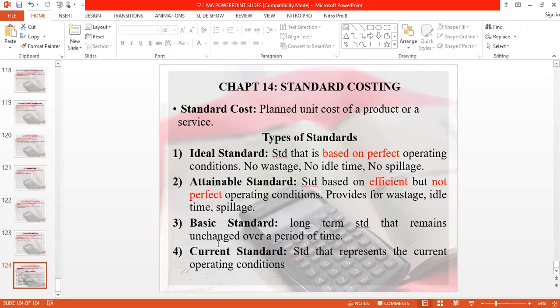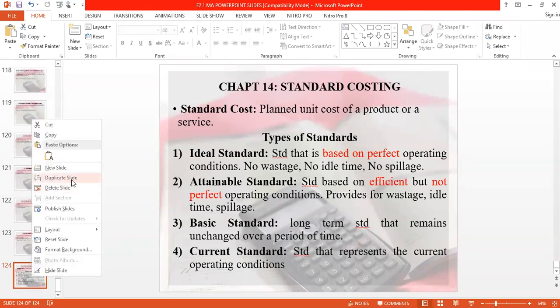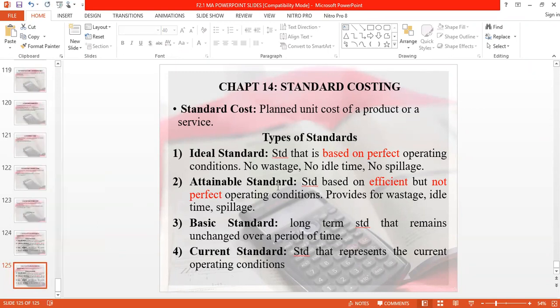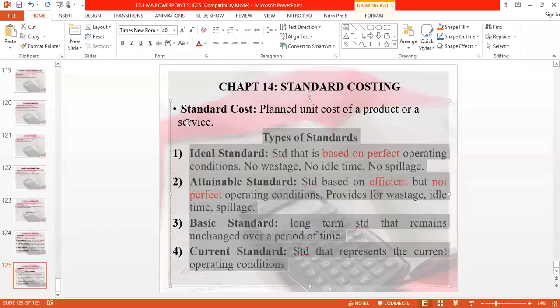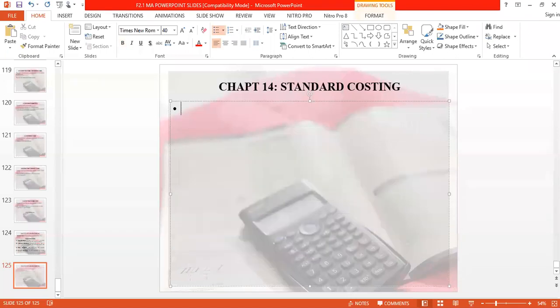So just be patient with me with very many formulas, as we continue. Okay, so that is types of standards. We have looked at them.